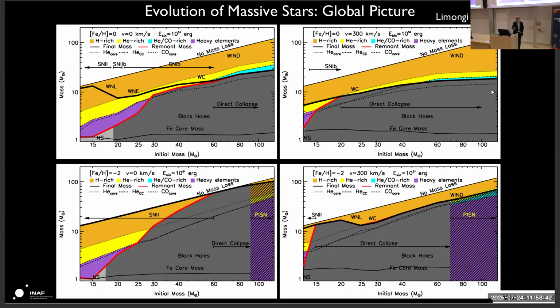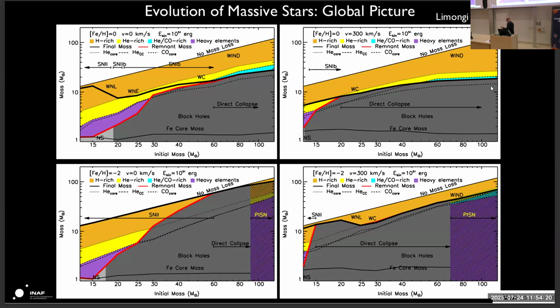We can predict, as a function of the progenitor mass, the final mass of the star, the composition of the wind, the composition inside the star, which stars explode as red supergiants, which stars explode as blue supergiants, the expected limiting mass between neutron star and black hole forming supernovae, which stars we expect to directly collapse to a black hole, and so on.